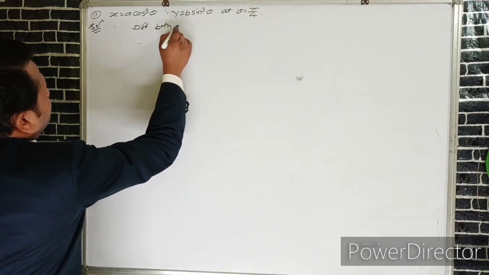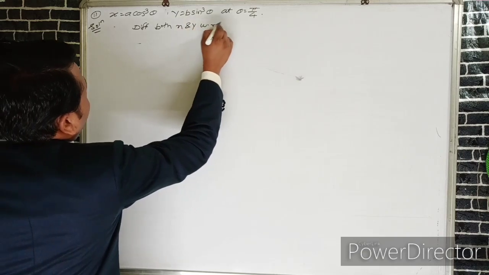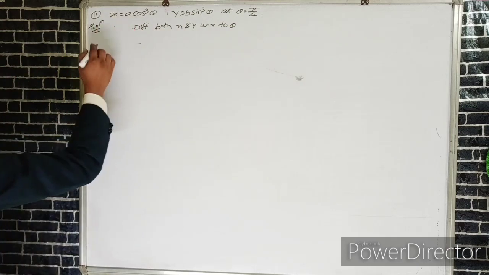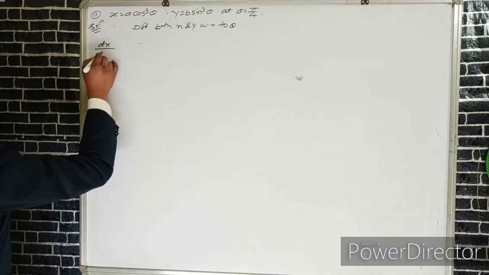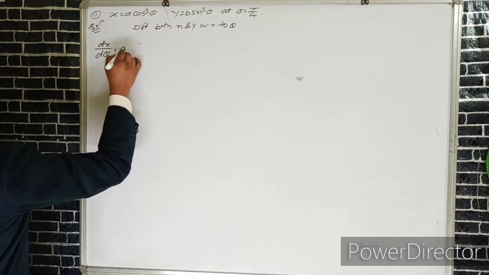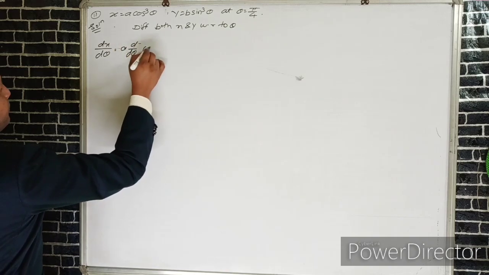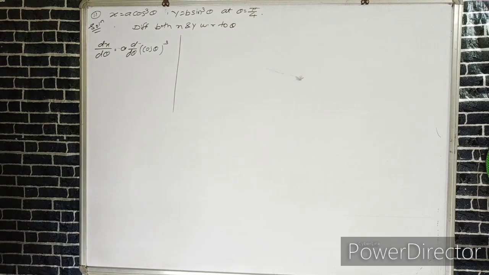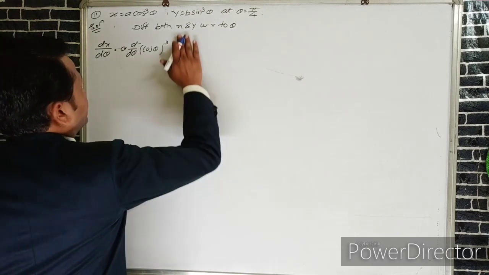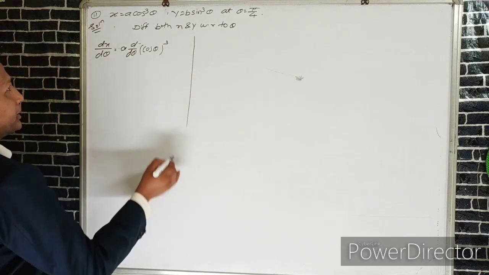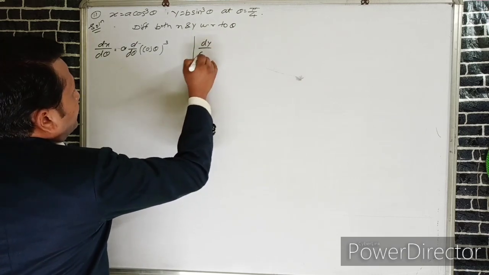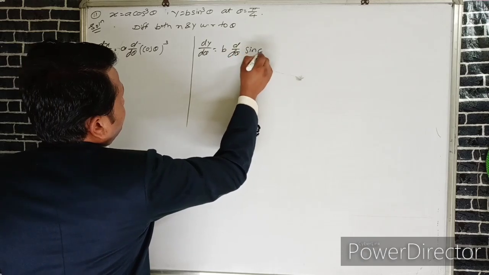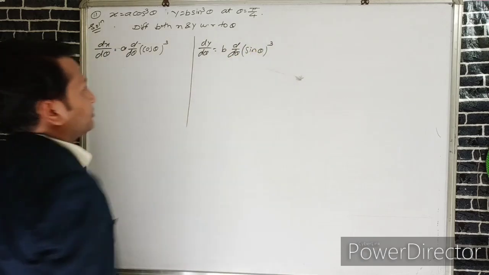both x and y with respect to theta, then we can write dx upon d theta is equal to a, which is constant, derivative of cos theta whole bracket cube. Again this term y is equal to b sin cube theta, then we can write dy upon d theta is equal to b, which is constant, derivative of sin theta whole bracket cube.